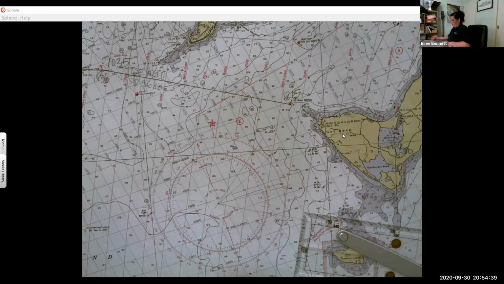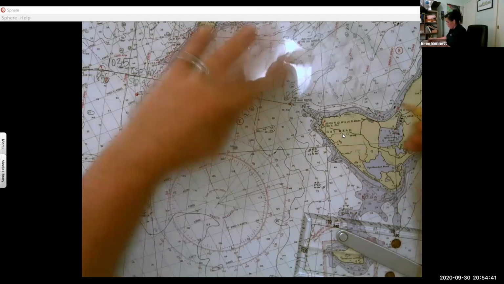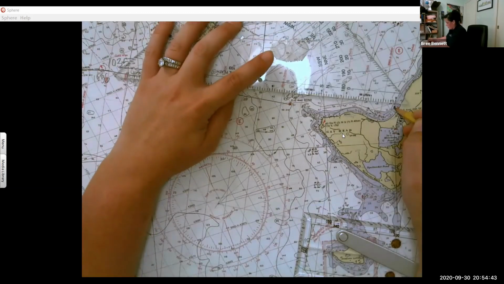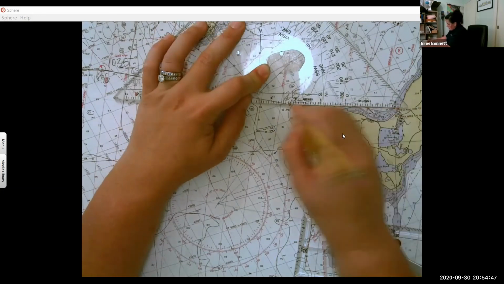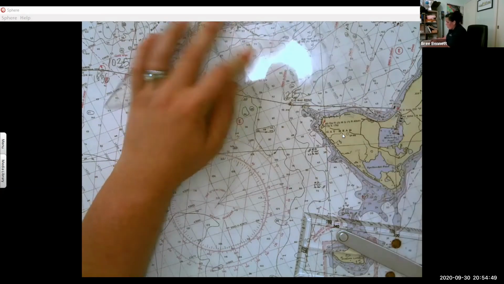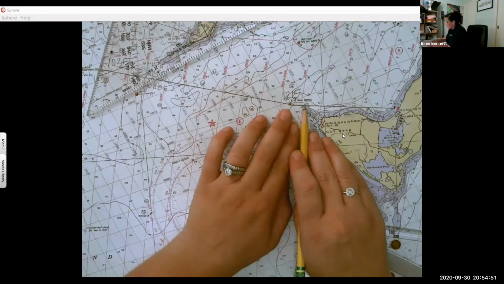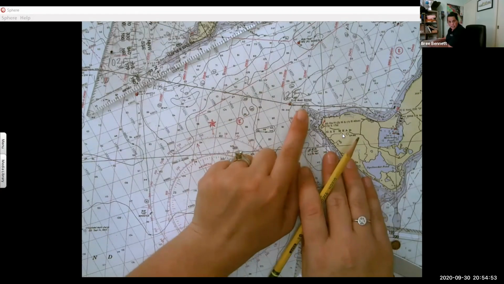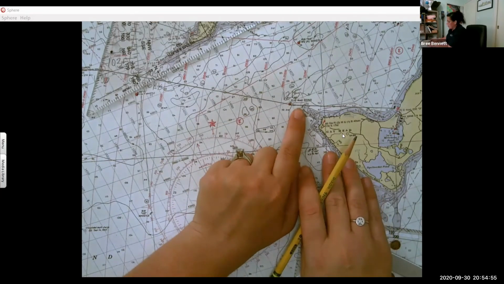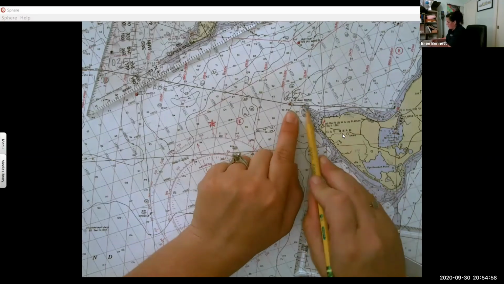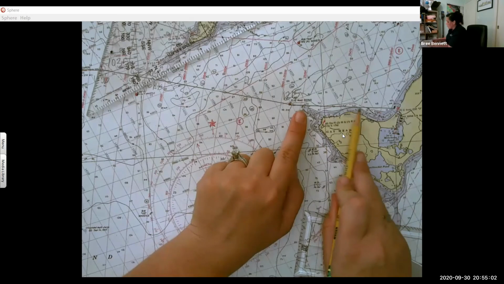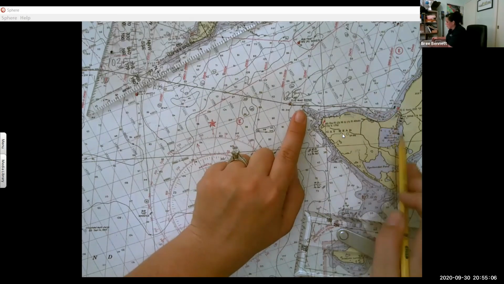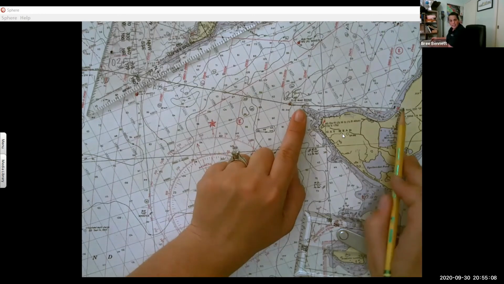First steps first is you draw your line from point A to point B. And then look at your line. What am I going to be crossing? I'm going to be pretty close to this can buoy number 1, but hopefully I'll pass to the north of it. And then I might get close to some shallow water here. But if I'm going into this pond, then I'm probably okay.